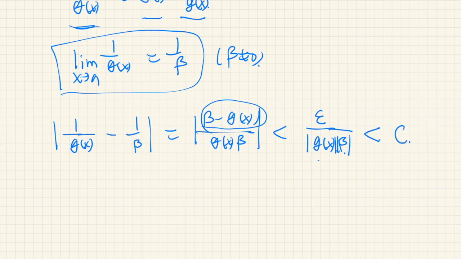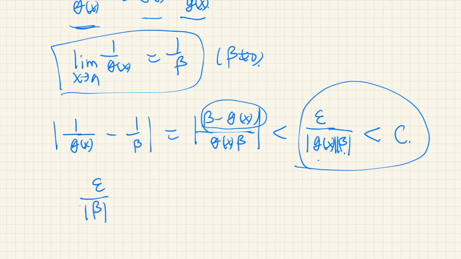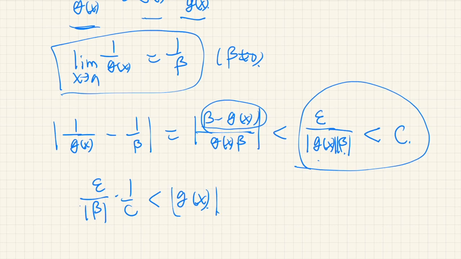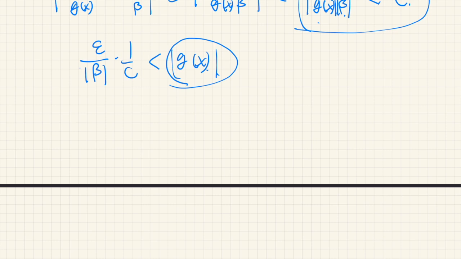So if this holds, then we should have epsilon times beta over c, with the absolute value of g of x bounded below. Anyway, we want this quantity to be greater than some positive constant. That is our goal for the moment.